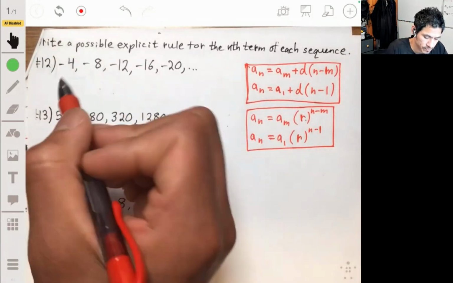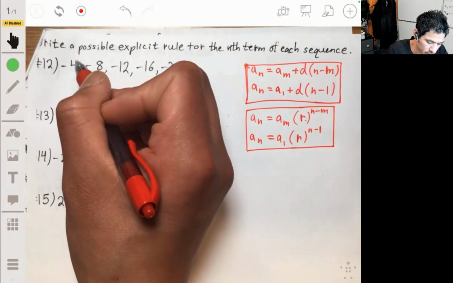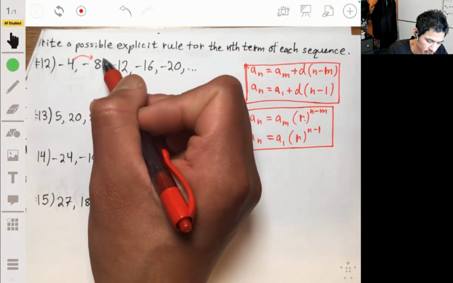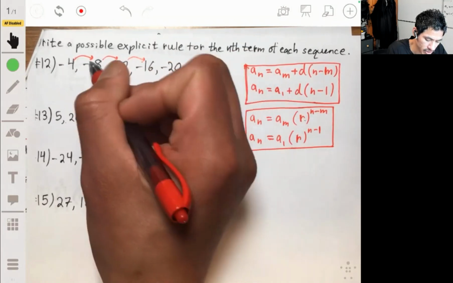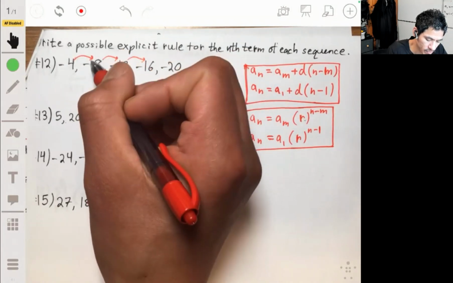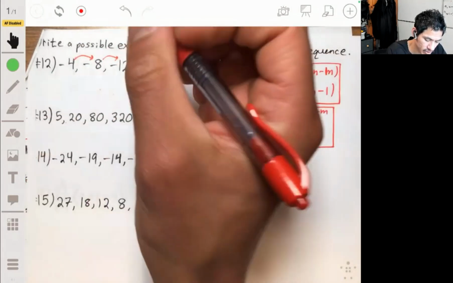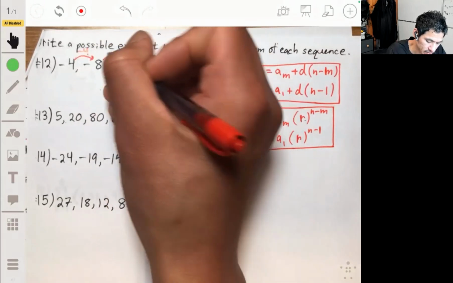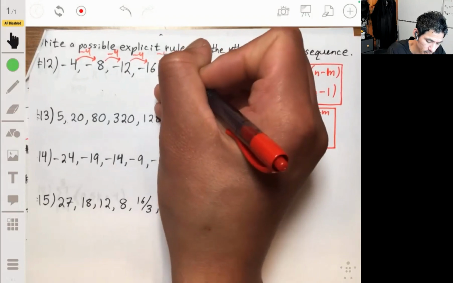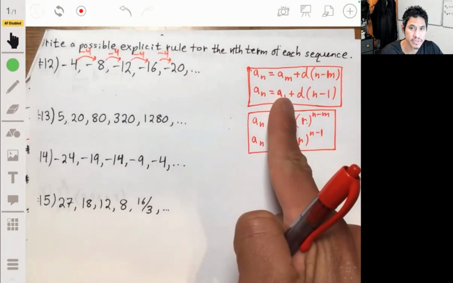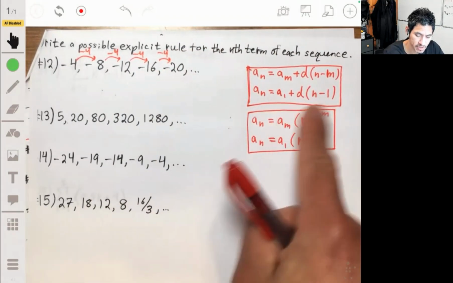So when you have an arithmetic sequence, you can see that you're always going up by the same number. So here we're going by -4. You're subtracting 4 each time. That means we have an arithmetic sequence, so we can jump to this formula.